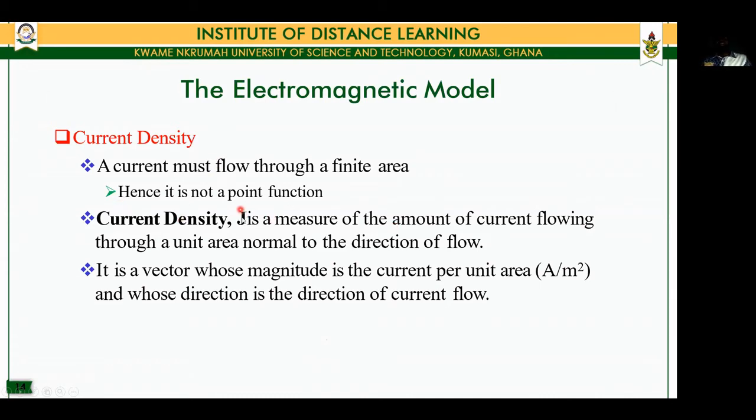The current density, usually denoted as J, is a measure of the amount of current flowing through a unit area normal to the direction of flow. If you imagine a wire and you cut a cross-sectional area of the wire, the amount of current flowing through that cross-section is what gives you the current density.